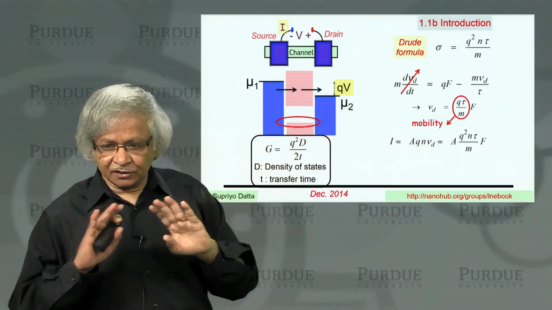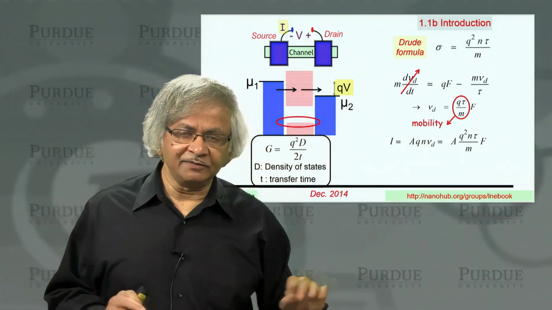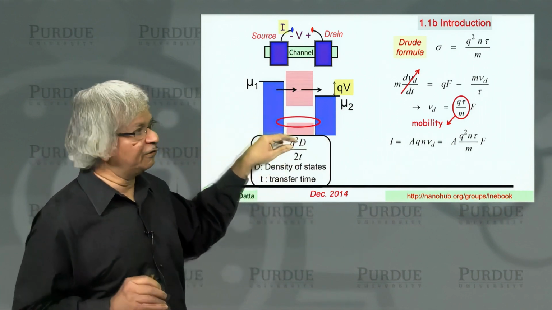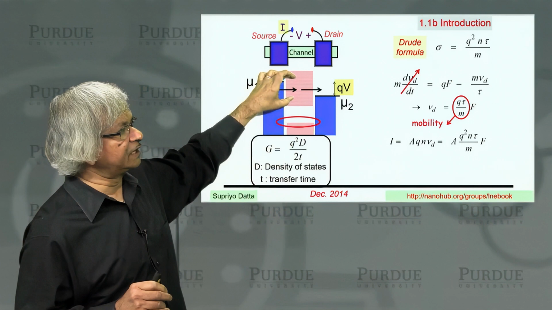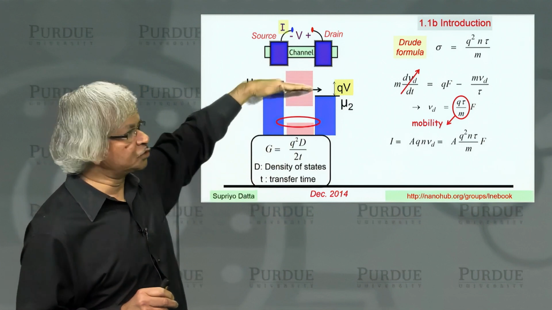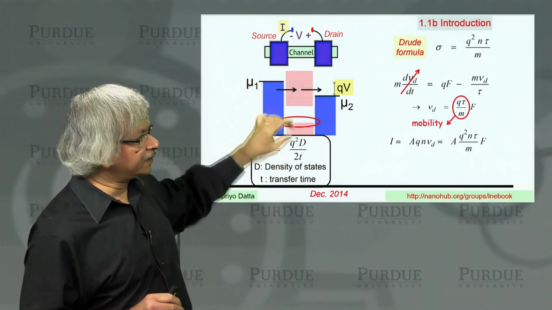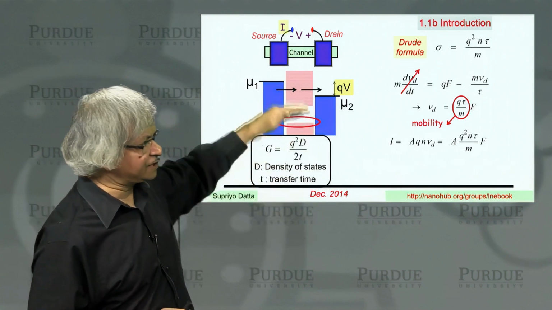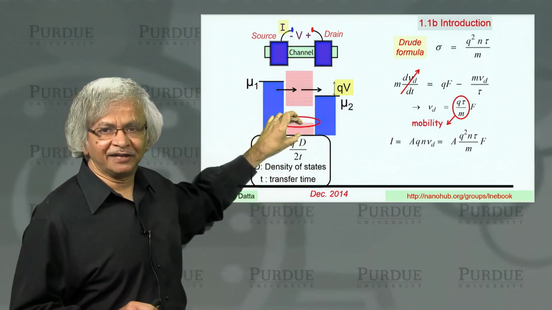And that is, of course, wrong. I mean, no one claims that's true. Everyone knows that current flow is because of the electrons that are up here, close to the Fermi level. And electrons deep down, in fact, deep down there's lots of states. I mean, I've just shown the tip of the iceberg.